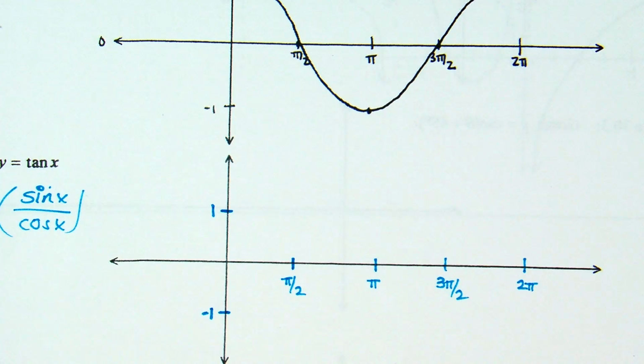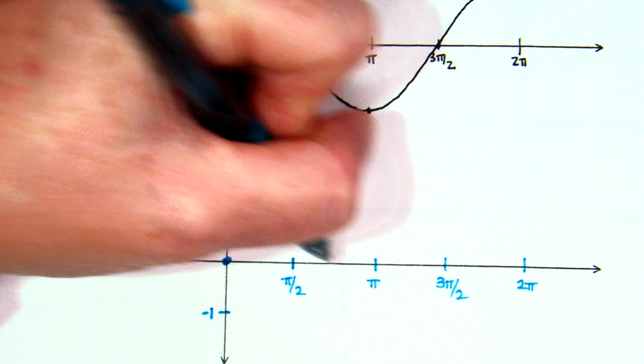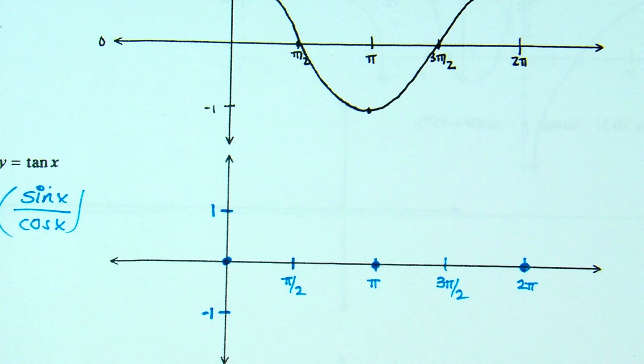So any place sine equals 0, because it's the numerator, tangent equals 0. So where does that mean I'm going to have zeros? 0, pi, and 2 pi are going to be the x-intercepts, the zeros, right? And we could keep going on, right? 0, pi, 2 pi, 3 pi, 4 pi, and so on and so forth.